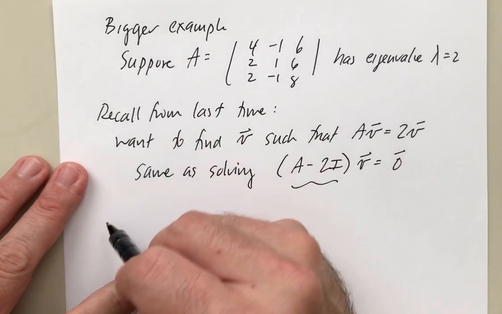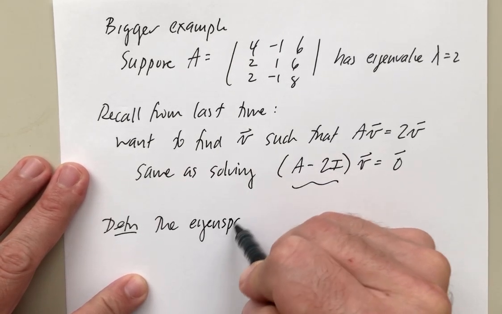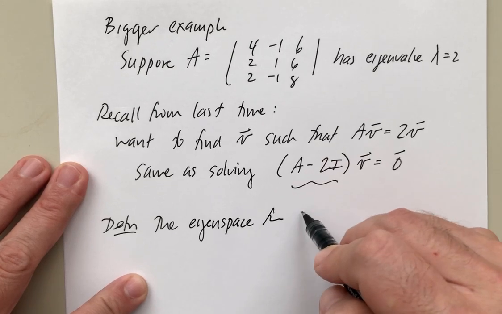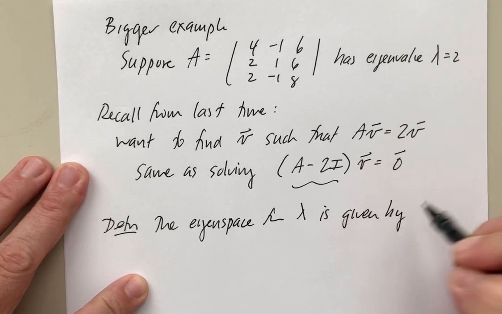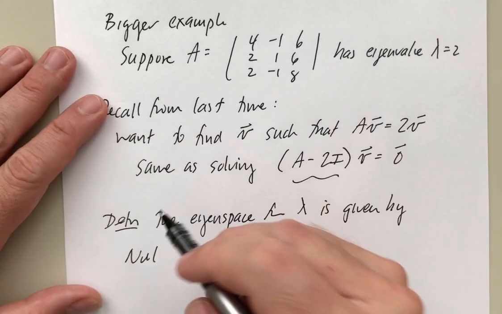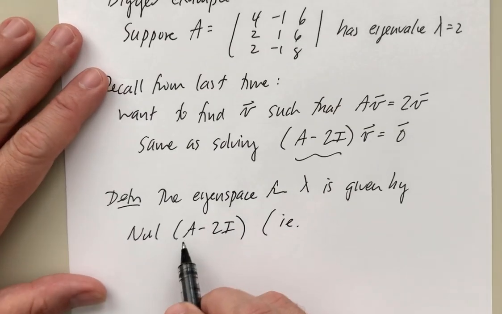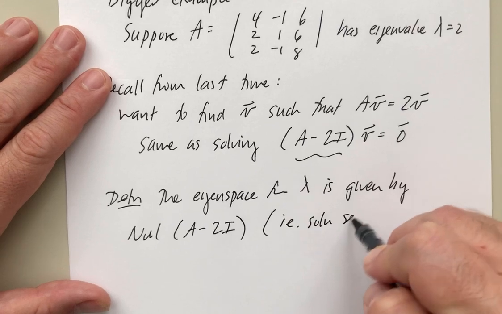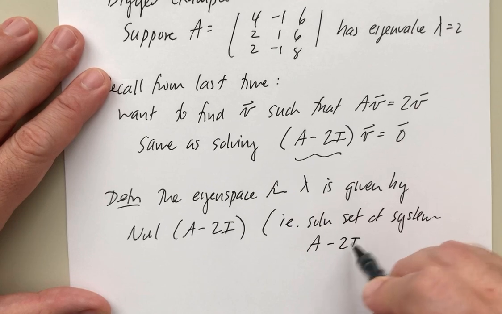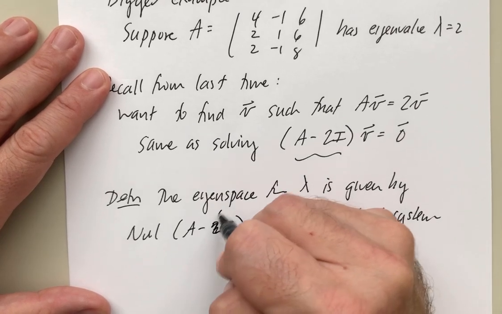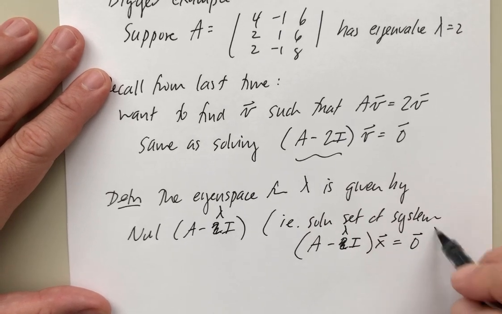Let me just define: the eigenspace for any eigenvalue lambda is given by, let's use our fancy language, the null space of A minus lambda I. Remember, the null space is just a fancy way to say the solution set of the homogeneous system A minus lambda I equals 0.